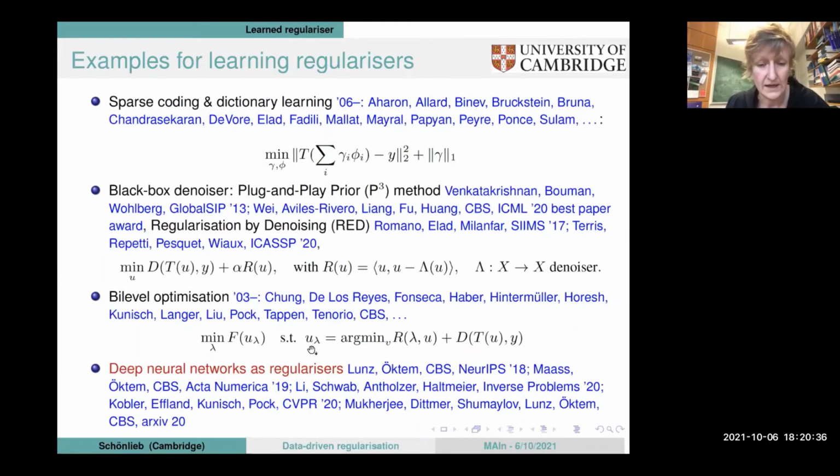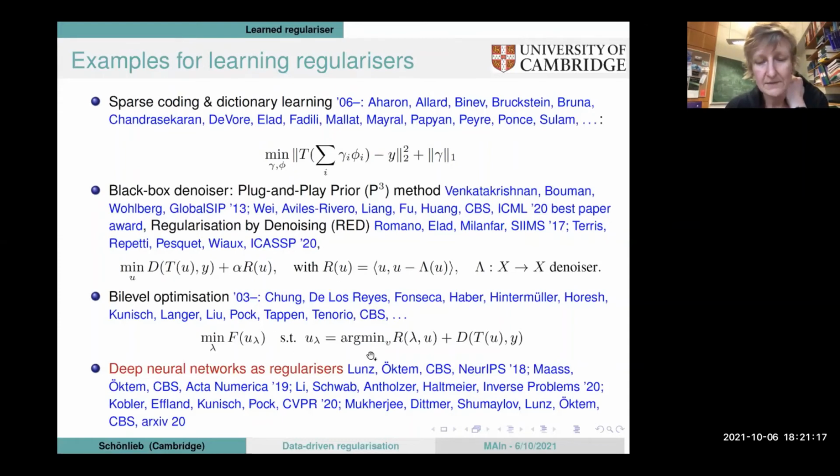You learn them by saying that the solution that comes out of your variational approach should be optimal with respect to this choice of lambda, optimal for a particular evaluation criterion, where you have a way to evaluate how good the U lambda is. And the very typical approach here is that, again, you have a training data set of noisy and ground truth images, and you compare your U lambda with the ground truth image, and you choose the lambda which best fits the ground truth image in some metric.